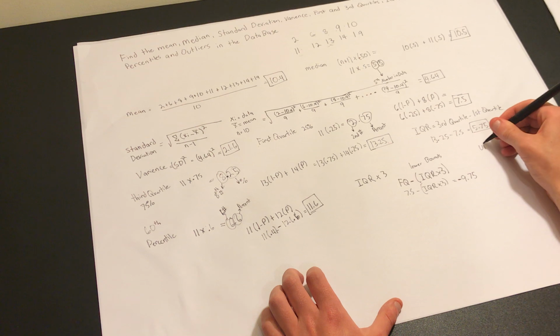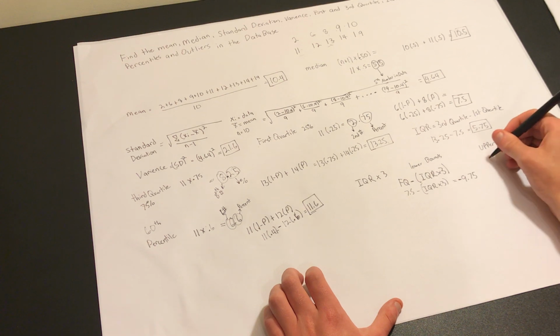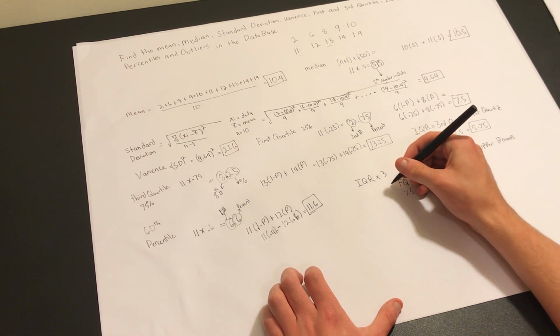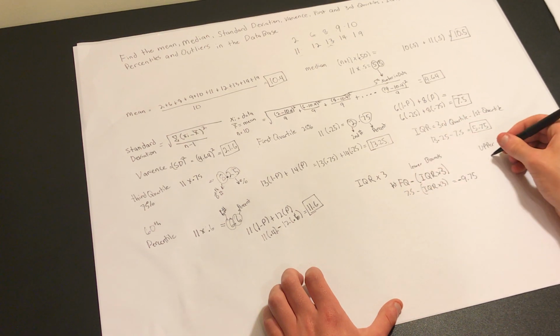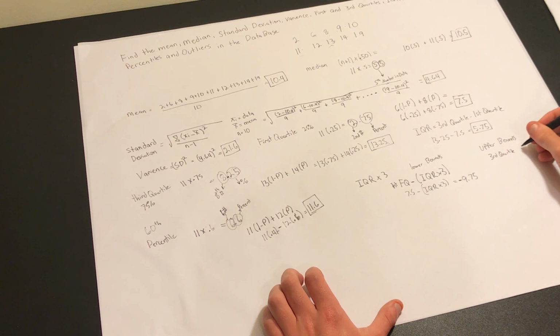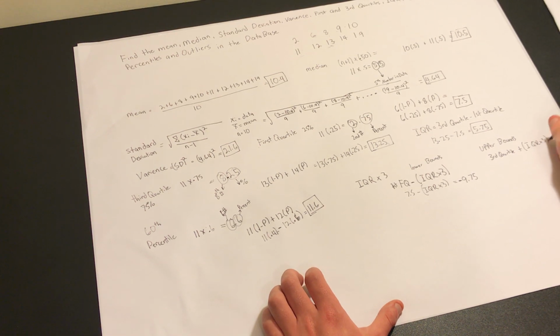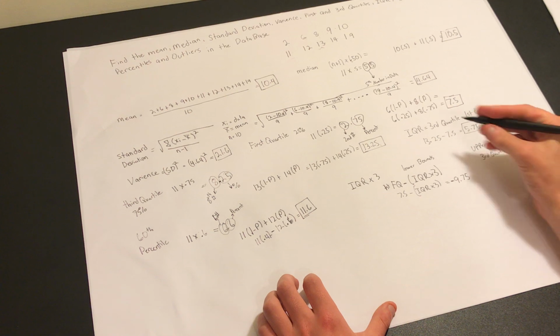For the upper bound, you're going to get the third quartile plus the interquartile range times 3, which we got the third quartile earlier.